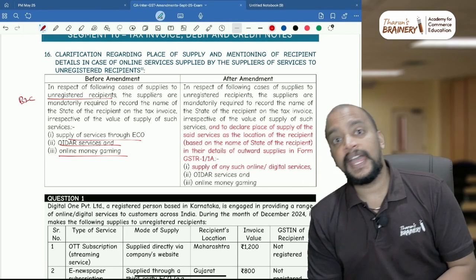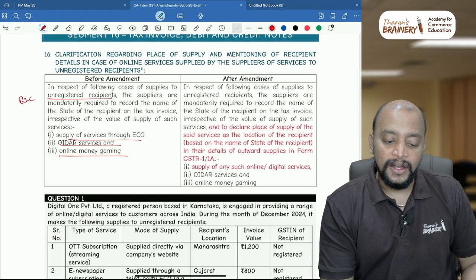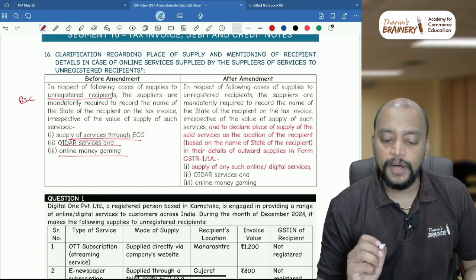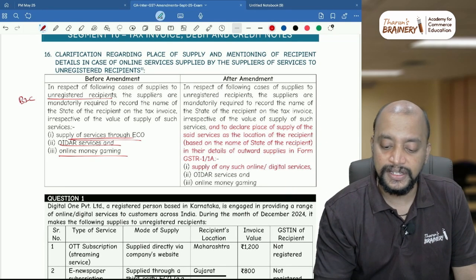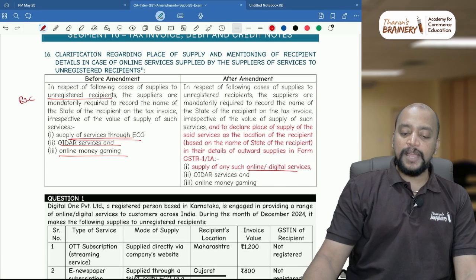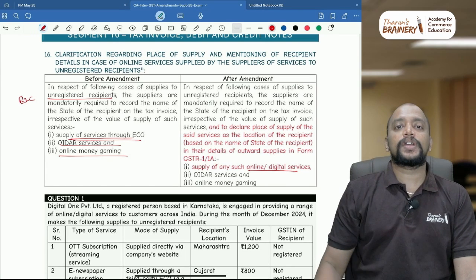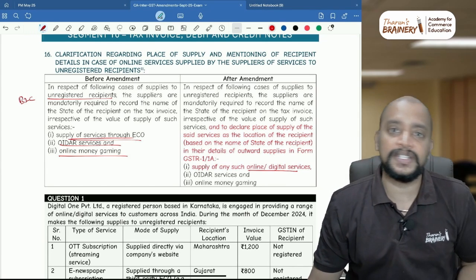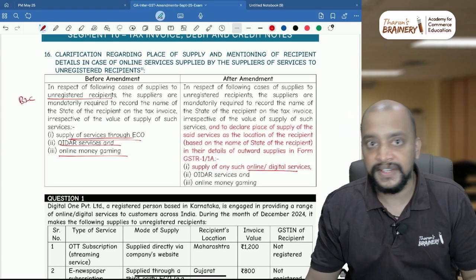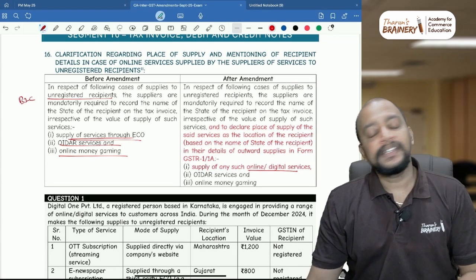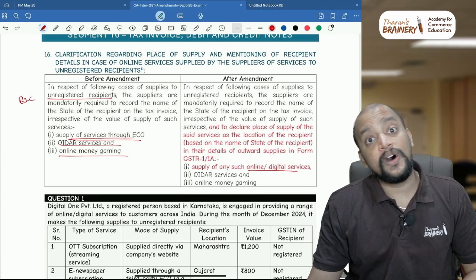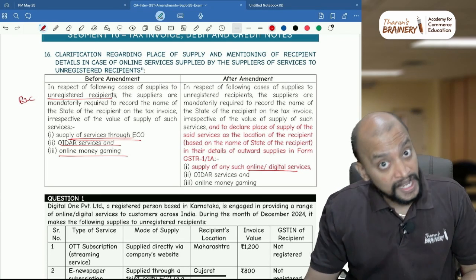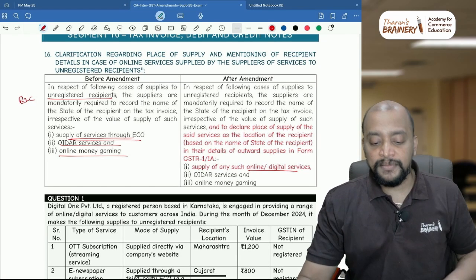But now they have made an amendment that not only services through an e-commerce operator, but all online services or digital services, whether OIDR service or not, will definitely require the recipient details to be entered.